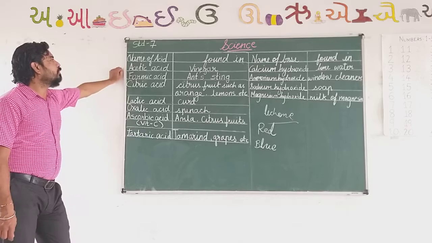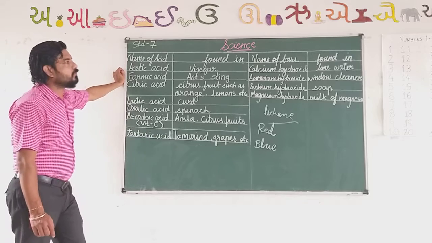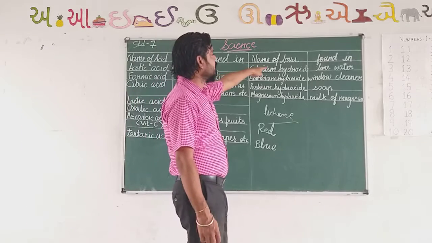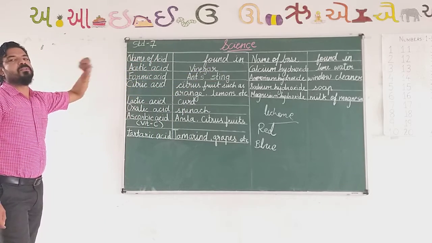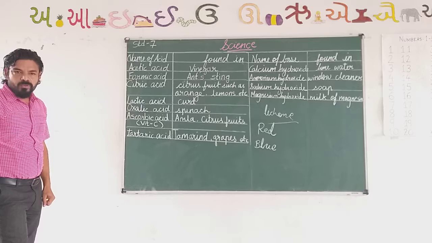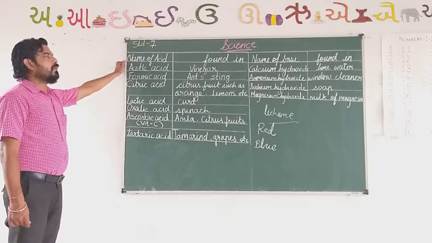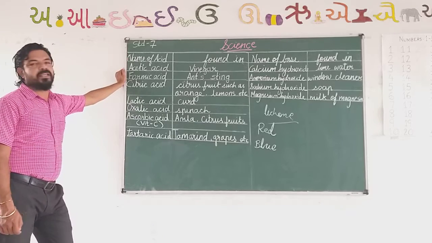Here also one table is given. There are two tables in the textbook: the name of the base and the name of the acid. Both tables are given in your textbook. Now, what is the acid? We have acetic acid.